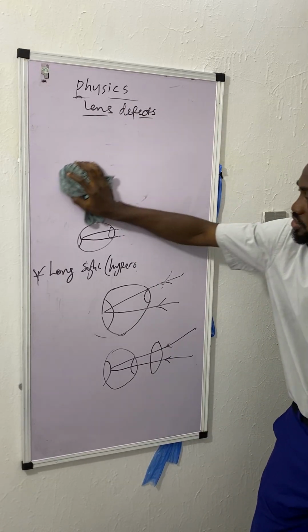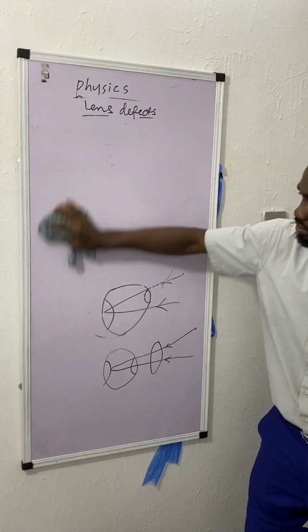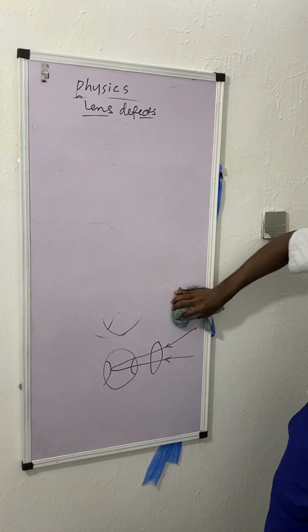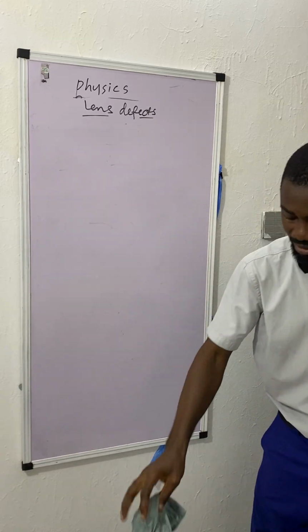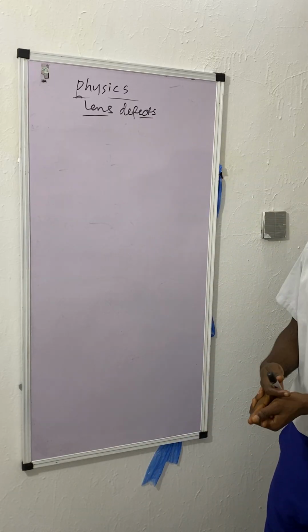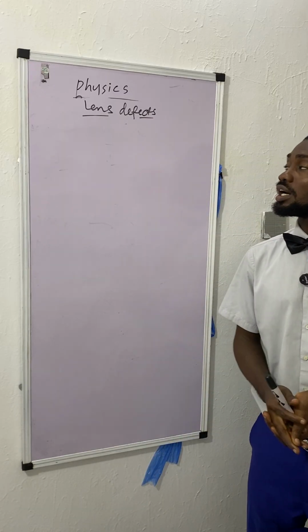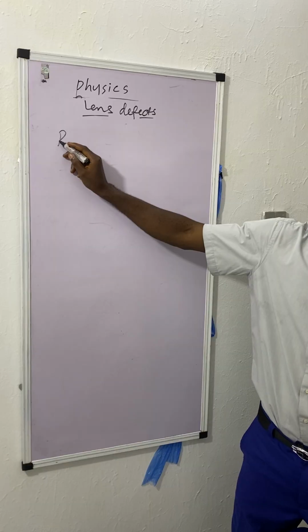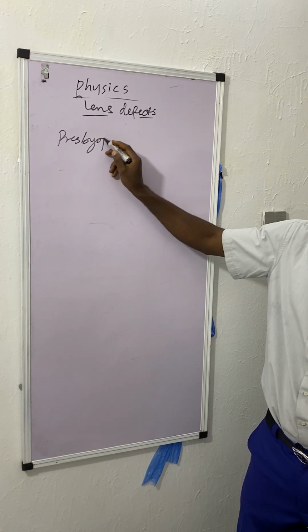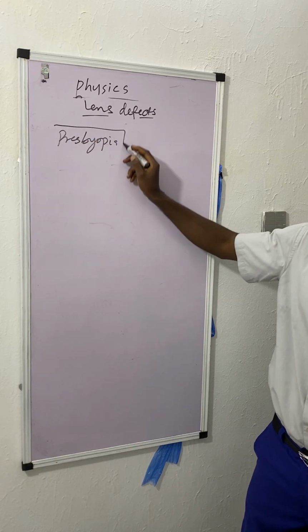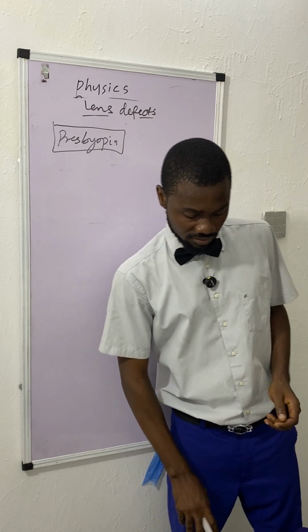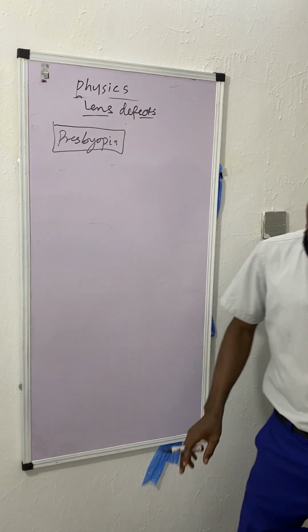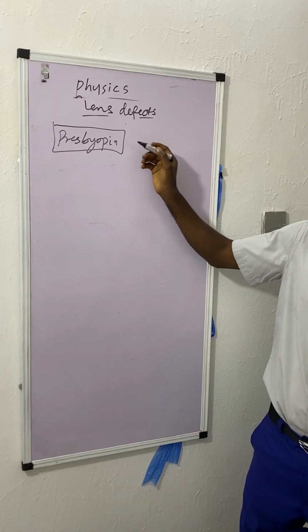Astigmatism is as a result of what? Abnormal curvature of the cornea. The curvature is too much, over curvature of the cornea. Then we have presbyopia, degeneration of the lens due to aging, not the eye.